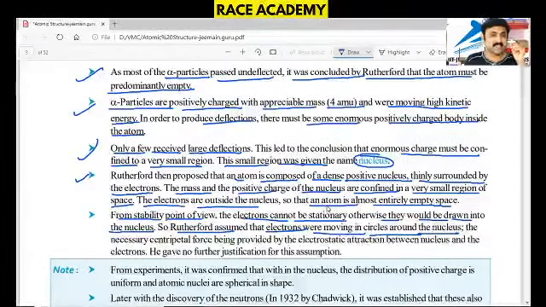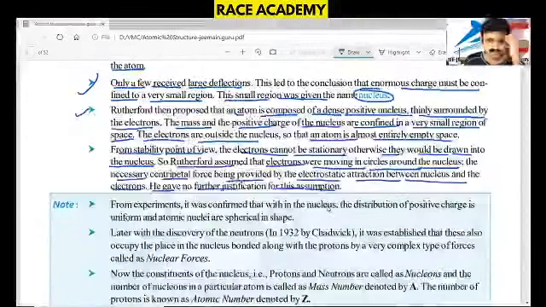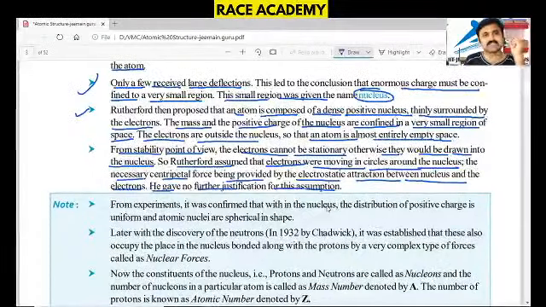The necessary centripetal force is provided by the electrostatic attraction between the nucleus and the electron, making the atom stable. Rutherford gave no further justification for this assumption. It also fails a little, because if it keeps on moving, it may lose its energy. So there is a problem that was faced by Rutherford's theory once the electrons' discussion came seriously in the study of the atom.